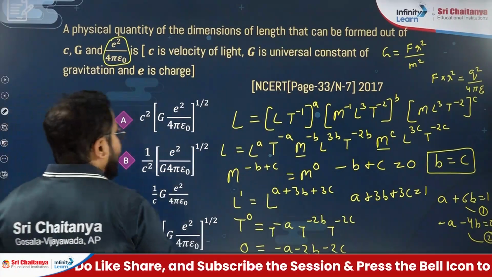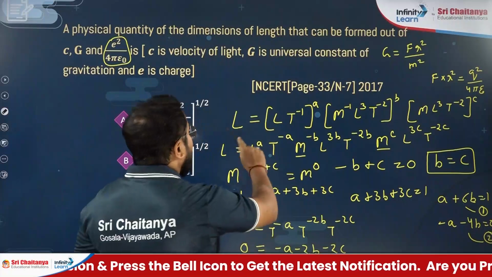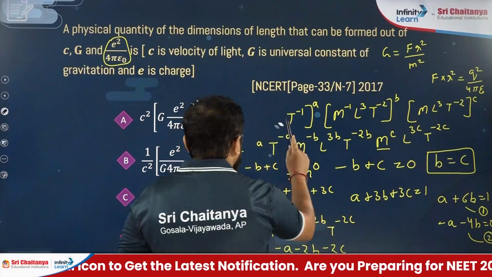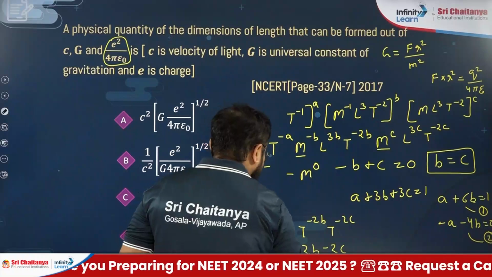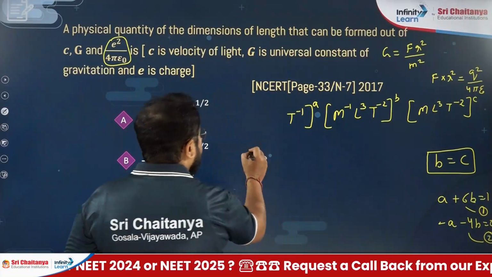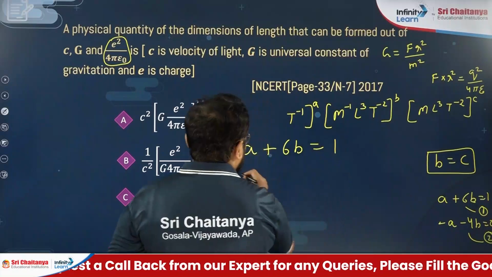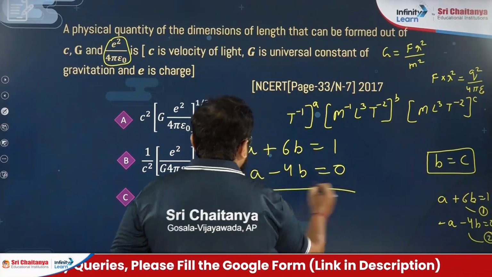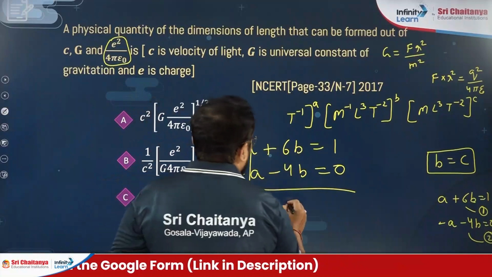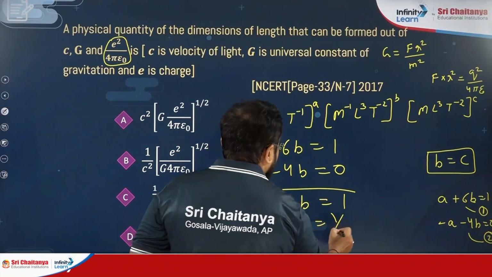Now, I hope that everybody understood the basic concept. We have applied the basic formula over here. Now let's see how we can proceed. So now we will be solving these equations: A plus 6B equals to 1, minus A minus 4B equals to 0. Cancel it out. What you will get? 2B equals to 1, then B equals to half.